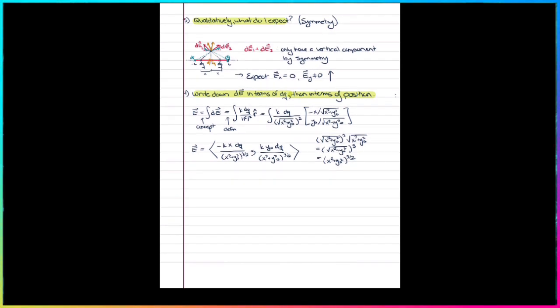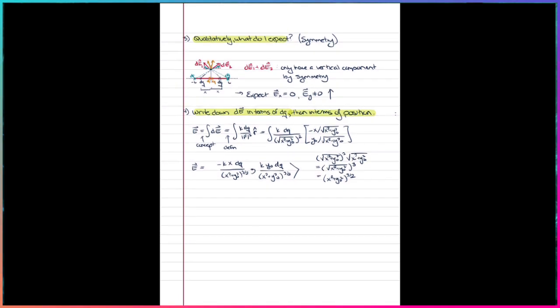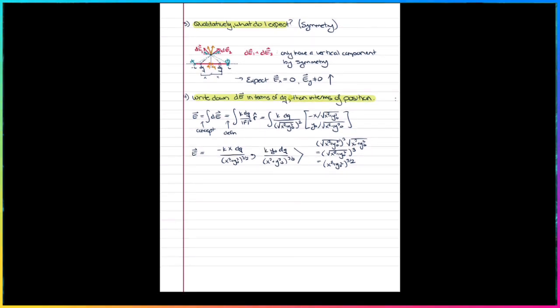Let's see, might as well just write it distributed for now. So I'm going to shift these over, so then I can write the integral and the integral. Just like you remember from physics 1, the integral can distribute over the components of the vector.